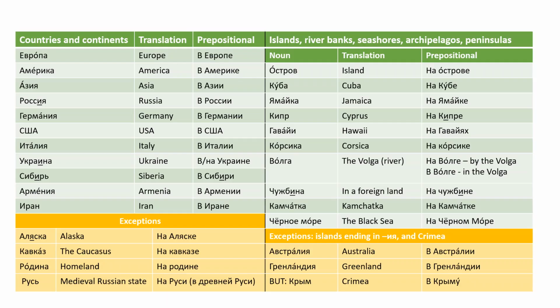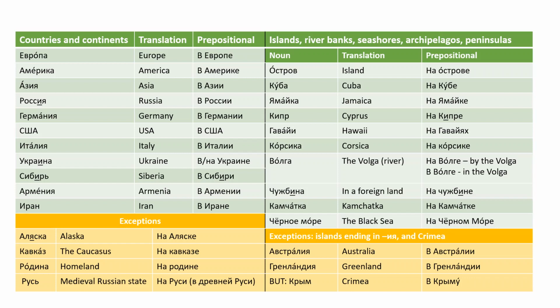Here we have a list of countries and continents and geographical features with the prepositions that they take. So let's start with the countries and continents on the left. Just one thing I wanted to mention here was Ukraine. Either v or na can be used. Previously, na was more common, as in English, it's kind of the equivalent of saying the Ukraine, na Ukraine.